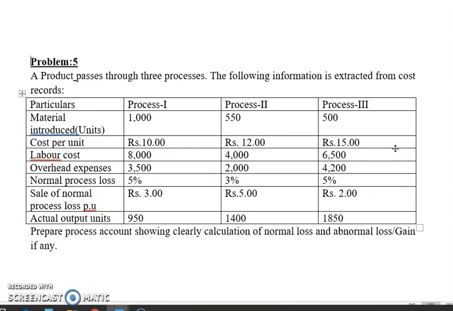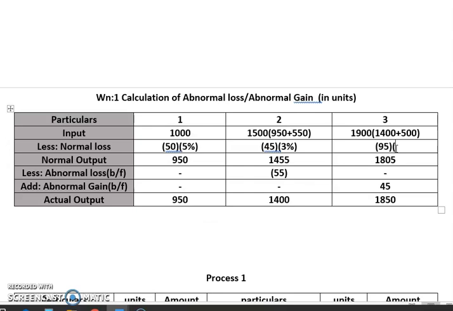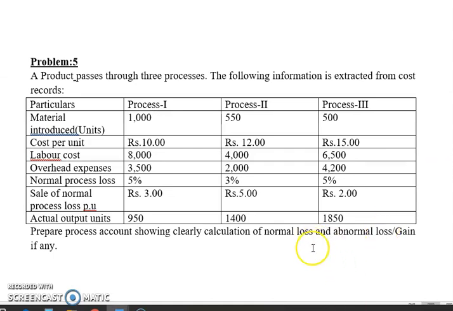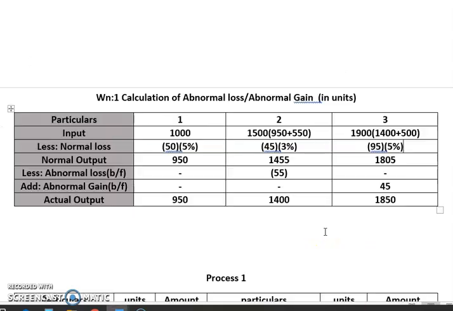And I have a 5% loss here also. So when I calculated 1900 into 5%, I get 95 units. Then after subtraction, my normal output is 1805. Now that needs to be compared with the actual output, that is 1850, and then I got abnormal gain.